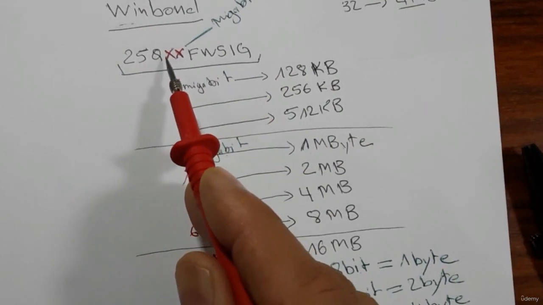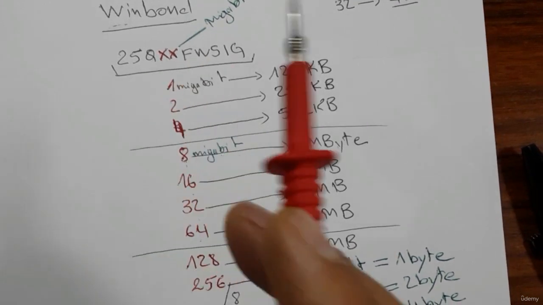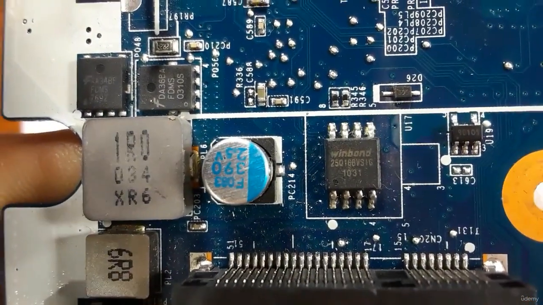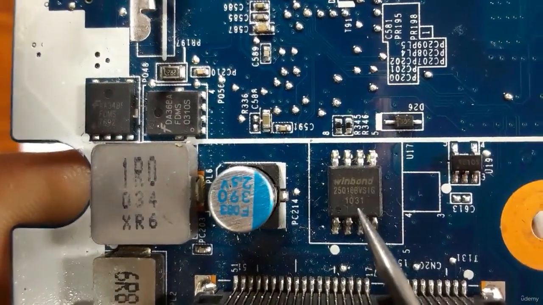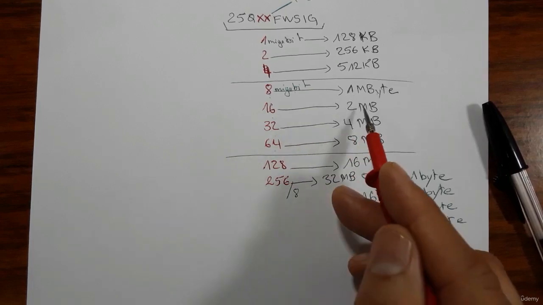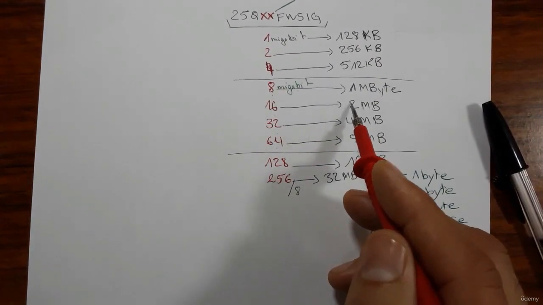But always you should focus on the two numbers after Q, okay? So in this BIOS, we have 25Q16. So 16 means 2 megabyte.